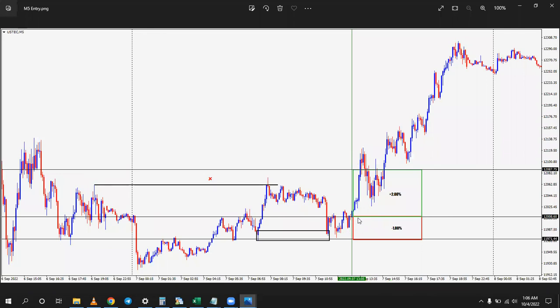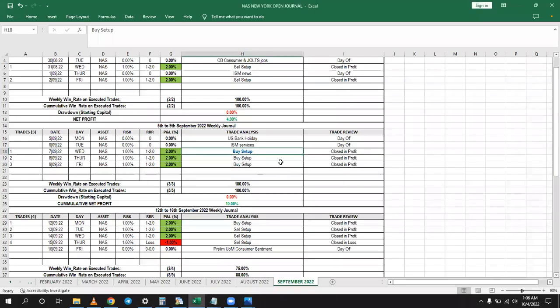So we basically bought, and of course put our stop loss right below, right? And as you can see at the open, price just pushed up nicely. And that was a profit setup, right? And as you can see, it was a buy setup, closing in profit. Then the next day, which was a Thursday, let me see.